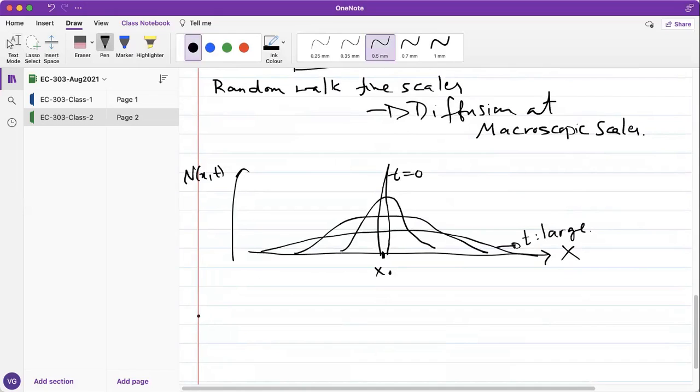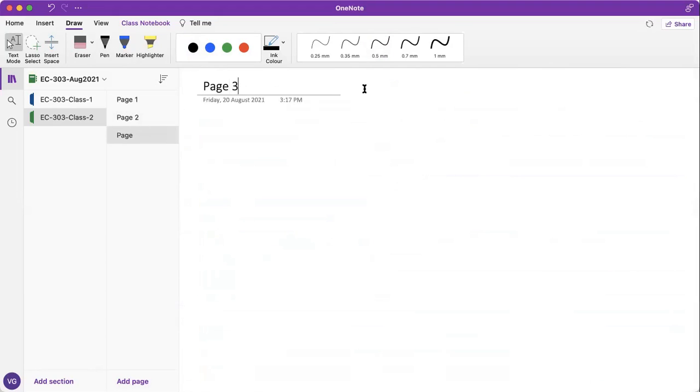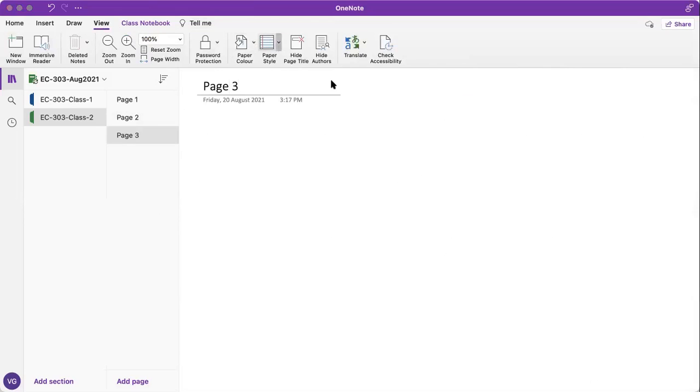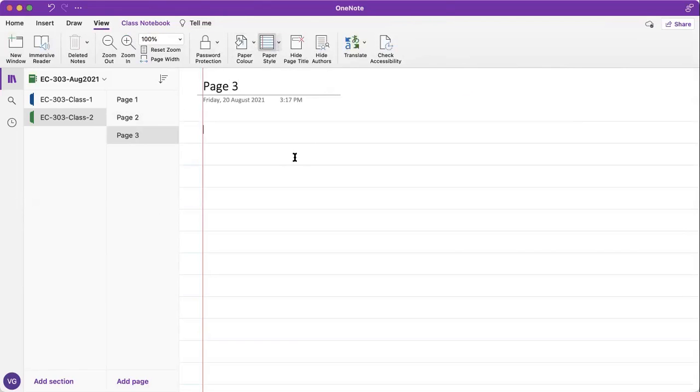Okay. Now let me present the next point before we take a break. We have just derived the diffusion equation.